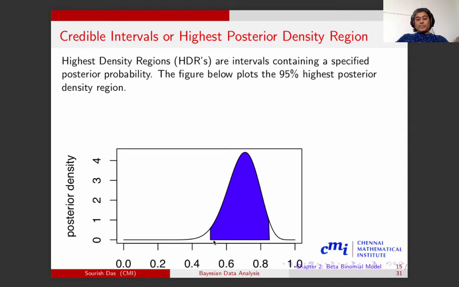If I can come up with two values between which 95% of the probability lies, then we can say that with 95% probability the true value of pi lies in this region. This is the Bayesian interpretation of what we typically call a confidence interval in standard classical statistics.